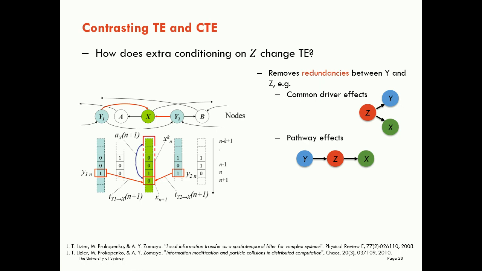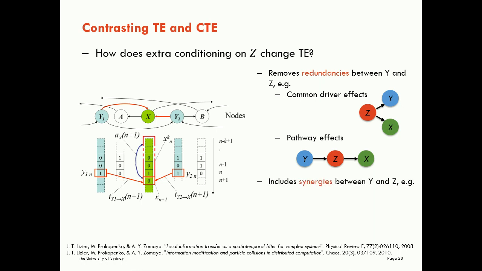Similarly, pathway effects can be clarified using the conditioning. Here, if we just look at a pairwise transfer between Y and X, we may see something very strong due to a Z on the path, but if we condition on Z, we may say then that there is no transfer from Y to X conditioning on Z. So again, that would be a removal of redundancy by the conditioning on Z here.